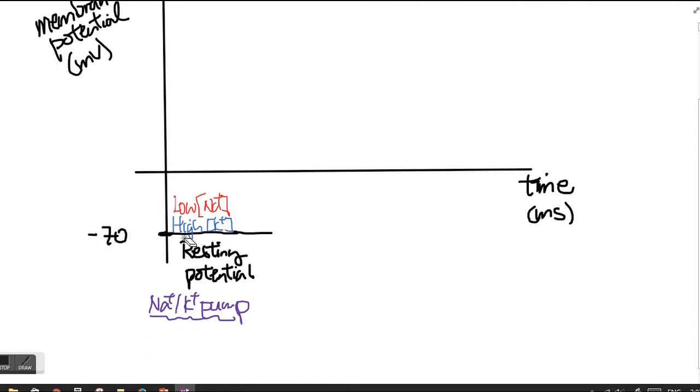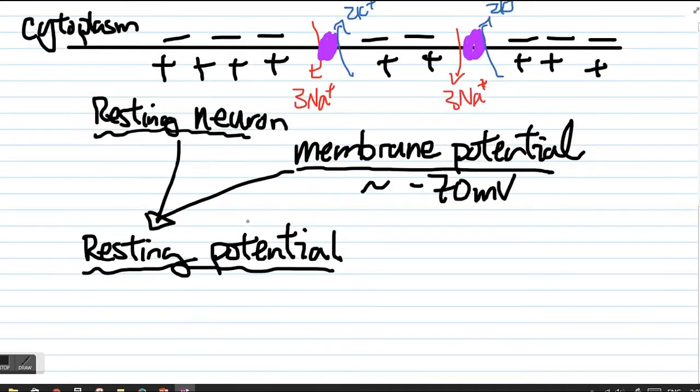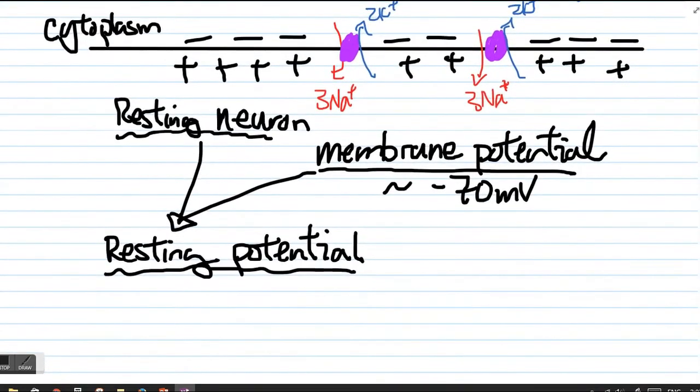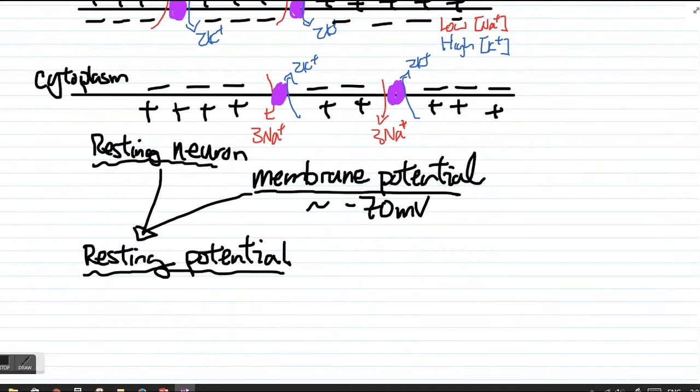So the sodium-potassium pump is what allows the resting potential to form in the first place. So go ahead, pause the video, and try to recreate this, and we can add more to it later on. Okay, let's go back to this concept here. Before we talk about what an action potential is, there's another thing that I need to explain to you first. So number 2.